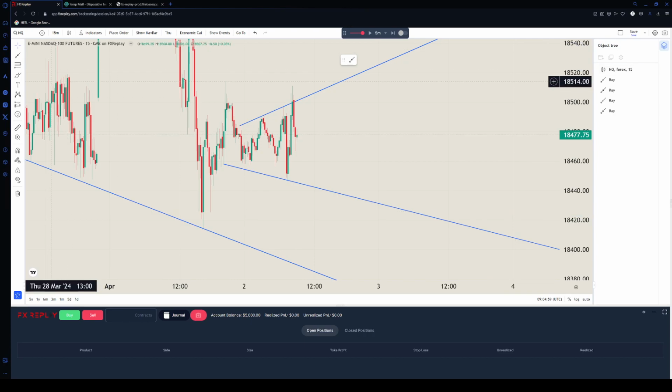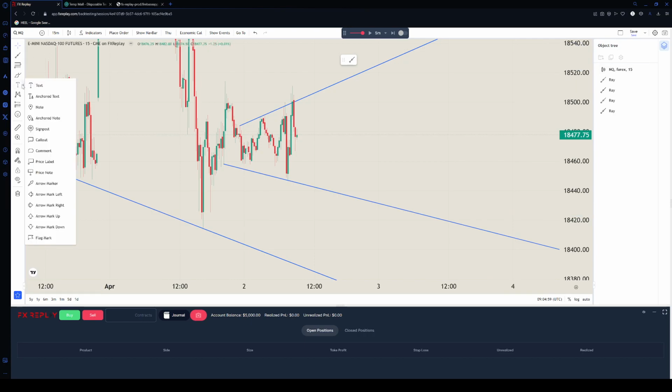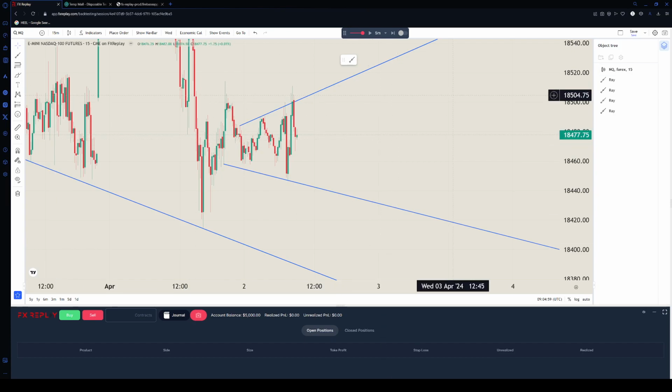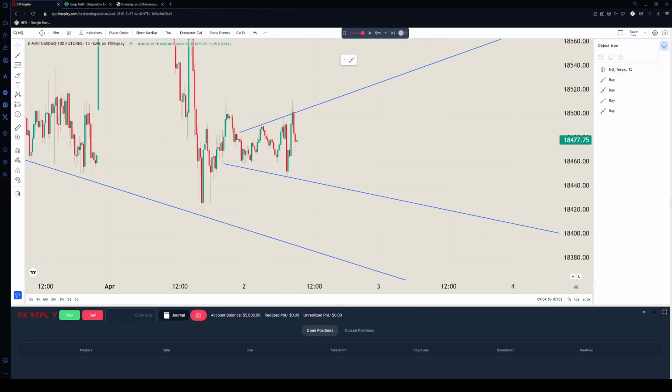I don't have the open high low close indicator in FX replay, unfortunately, so we're going to have to backtest the broadening formation first, and maybe tomorrow we'd use the open high, low, close. But this is the first time I've ever done this, so I want to make sure that we're doing it right together.